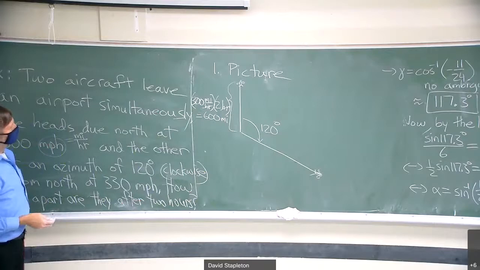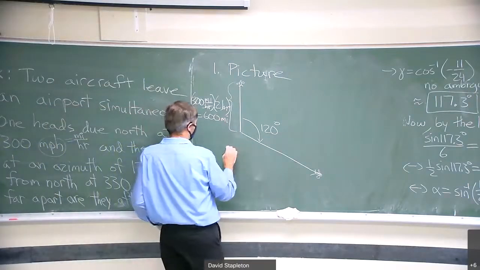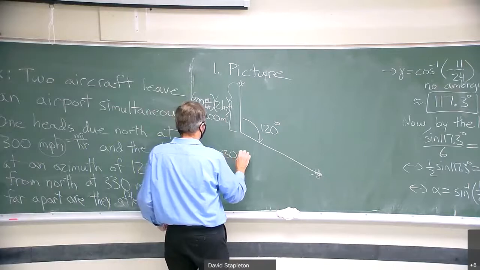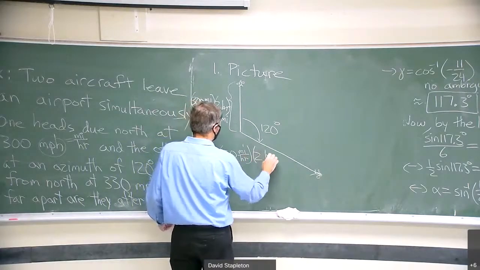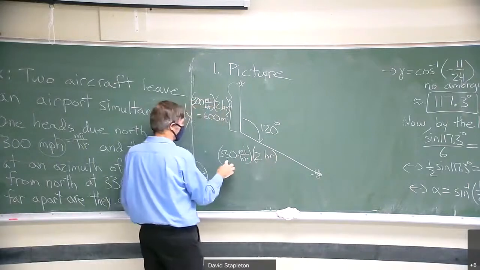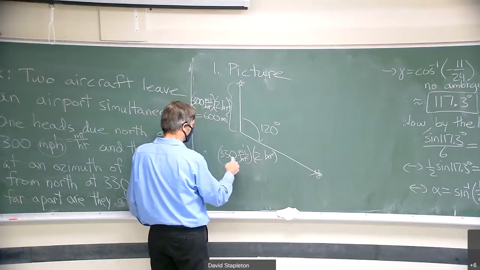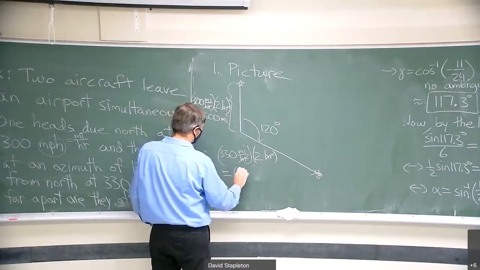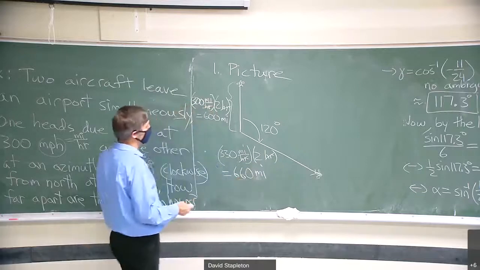What you should do is get all the things you know and what you don't know that you're trying to find. So here's the other one. This airplane has 330 miles per hour for 2 hours. The hours cancel. Gives you 2 times 330 or 660 miles is this side of the triangle.